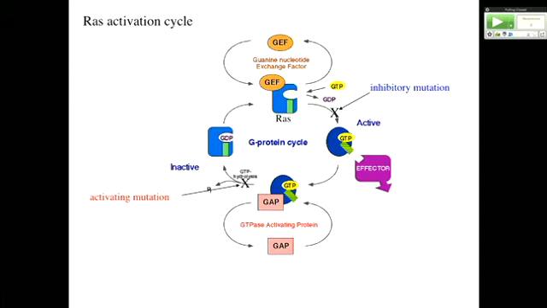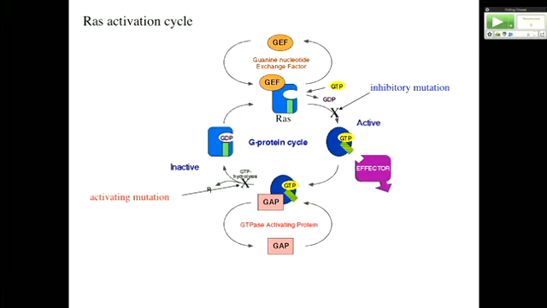Okay. And this is similar to what we've seen with the toxins' effects on G proteins. An activating toxin, like cholera toxin, would affect this cycle, and an activating mutation would similarly affect this cycle.